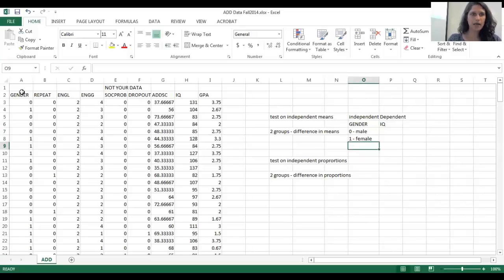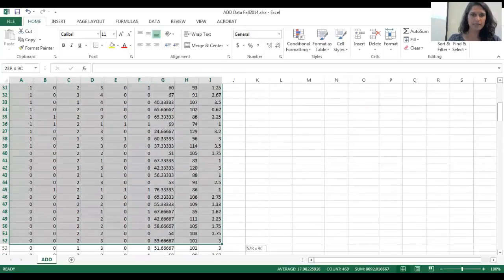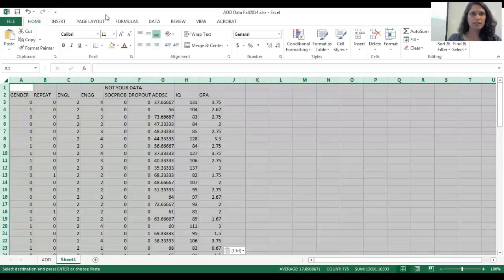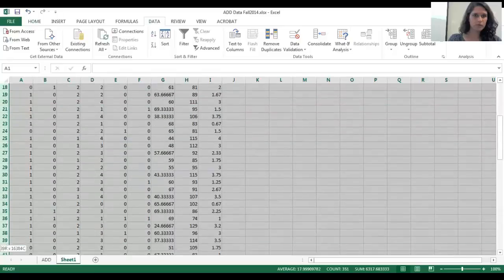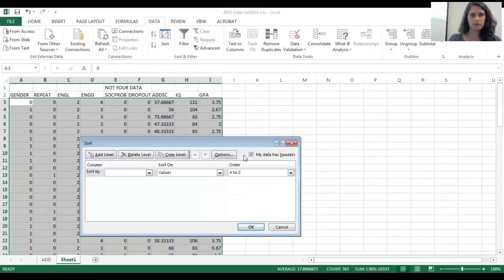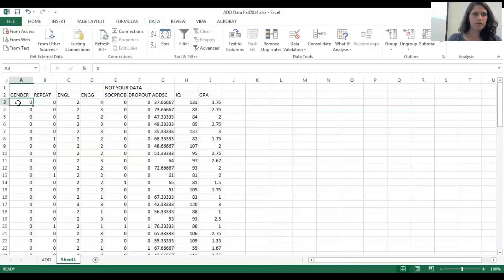I'm going to take all of my data and sort it by column A. Now it's sorted.